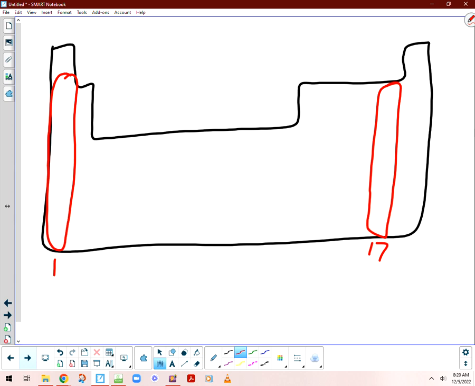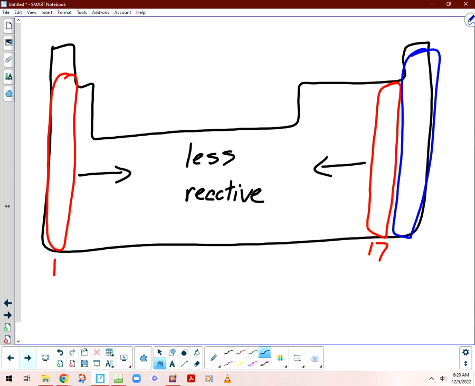They just need one. And so it's very easy for them to obtain one more and become stable. You become less reactive as you move in. And of course, the complete least reactive is group 18.